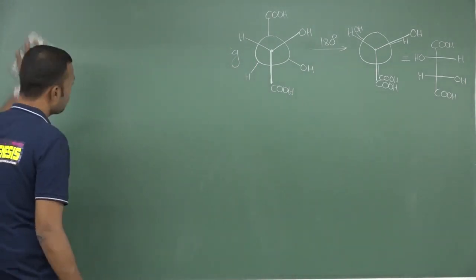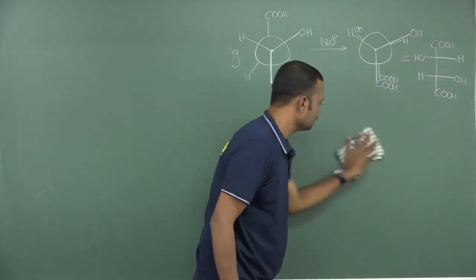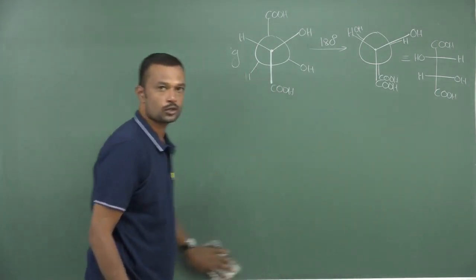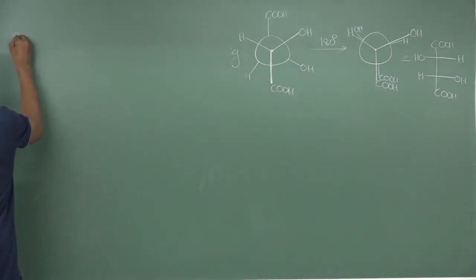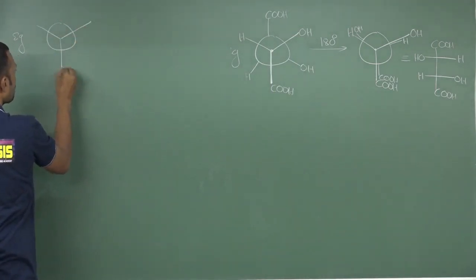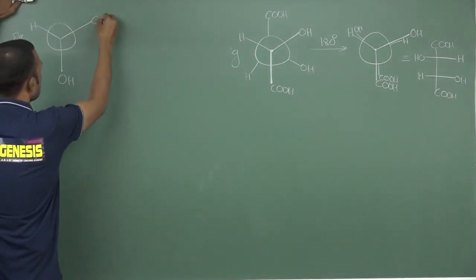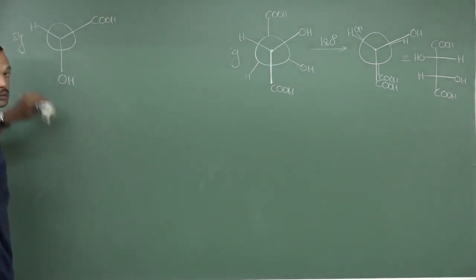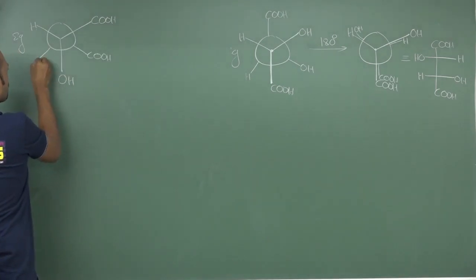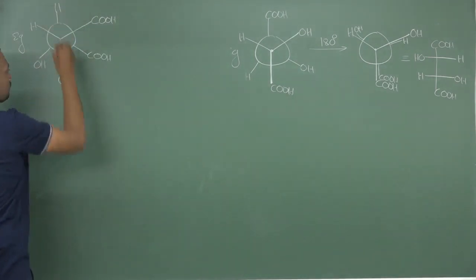I will show one more example, so you are in a position to identify directly a Newman projection into Fischer. Okay. See, right now I am taking OH here, hydrogen, next here COOH. So here I am writing COOH, now this is OH and this is hydrogen.